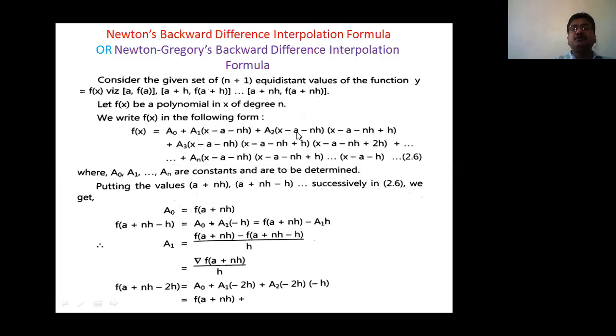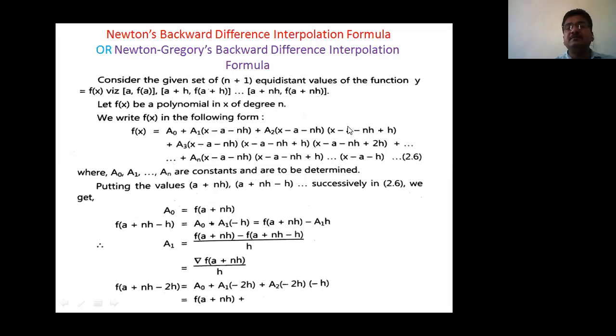But in this formula, the coefficient of a2 is x minus the last point, that is a plus nh, x minus a plus nh. After the effect of the negative sign, we have x minus a minus nh. The second bracket contains x minus the second last point. What is the second last point?